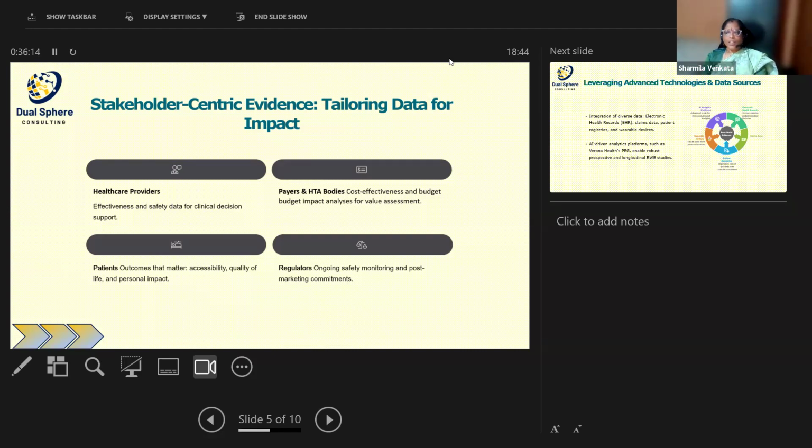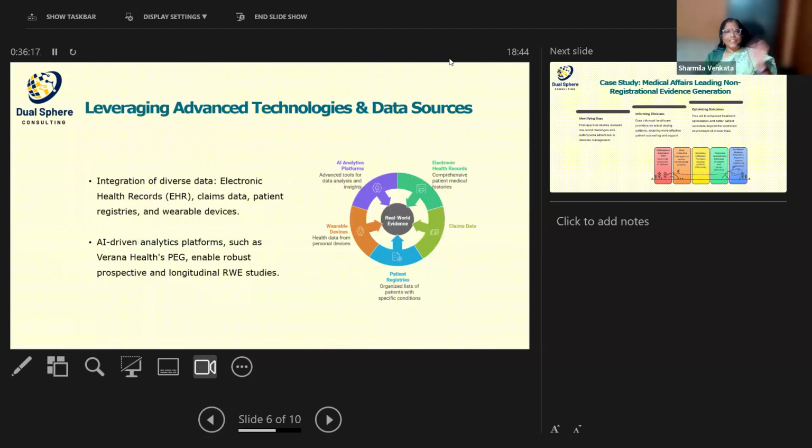To deliver this tailored evidence, we need to tap into advanced technologies and diverse data sources that can capture the right information for the right audience at the right time.